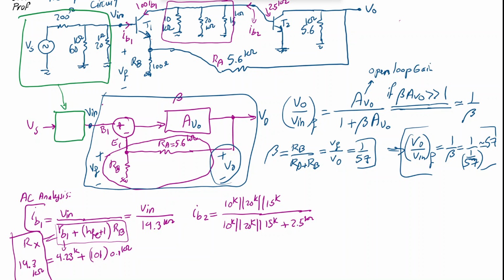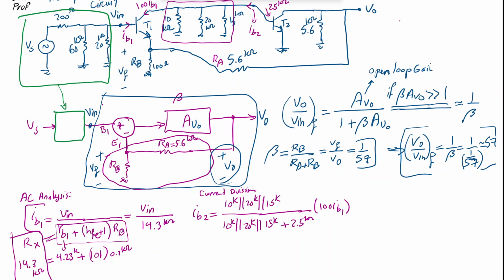That's the current division, and then times, of course, 100 IB1. That's what I needed to do.